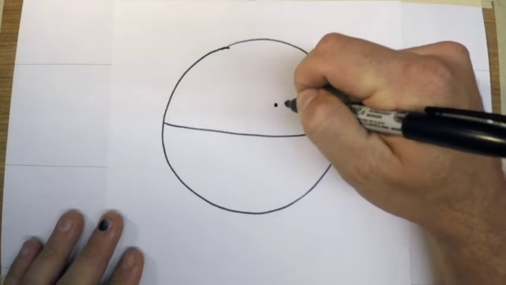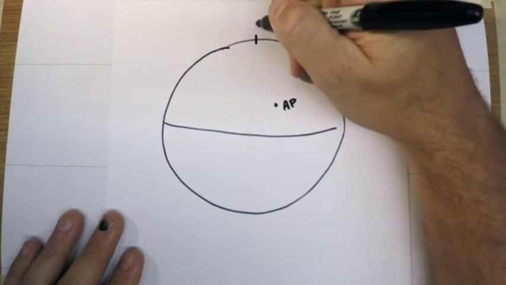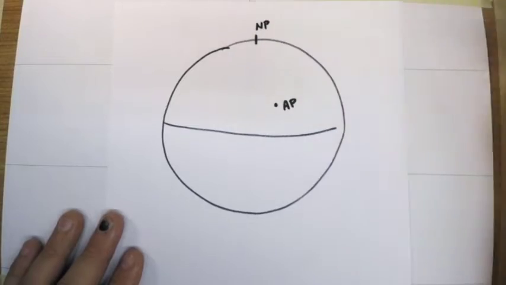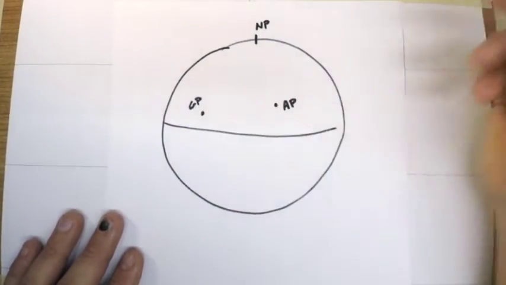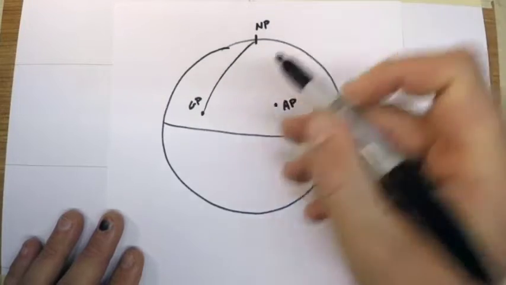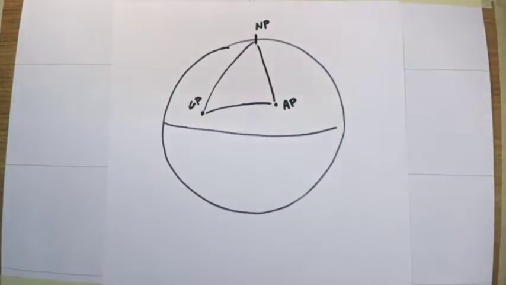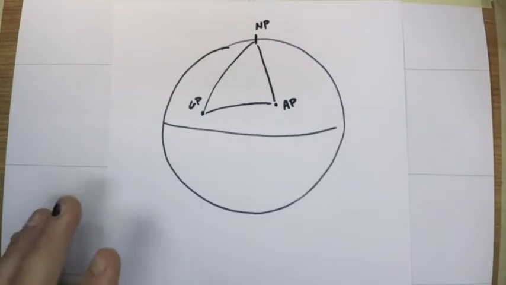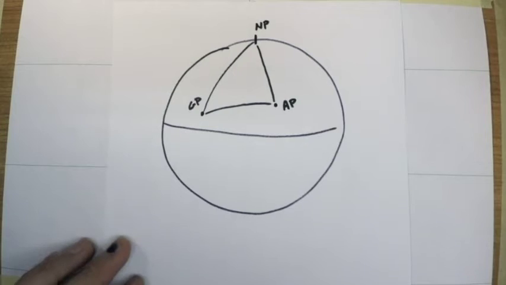We pick a position, which we call the assumed position. We use the elevated pole, or the pole nearest to us, and we find the geographic position of some celestial body. We create a spherical triangle between them, and we solve this triangle, and that helps us determine the line of position from the sun, or whatever body we happen to be shooting.